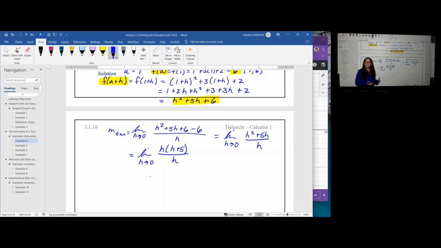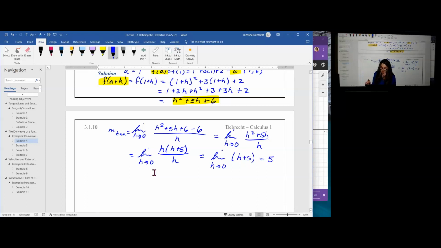Notice we can now see that factor of h that was giving us the 0 over 0, and this will now cancel, leaving us with the limit as h approaches 0 of h plus 5. Now we substitute, and we get 5. The slope of the tangent line is 5.